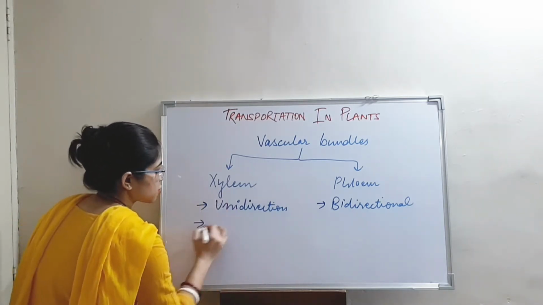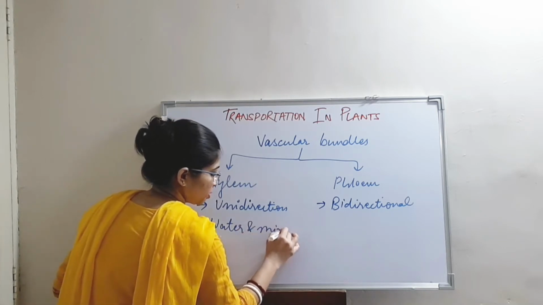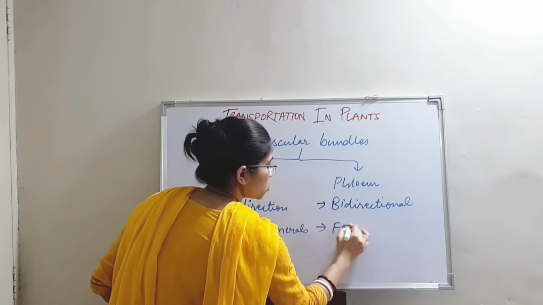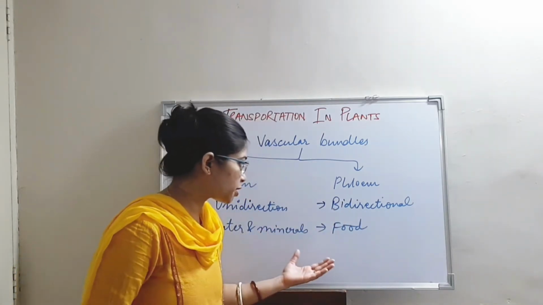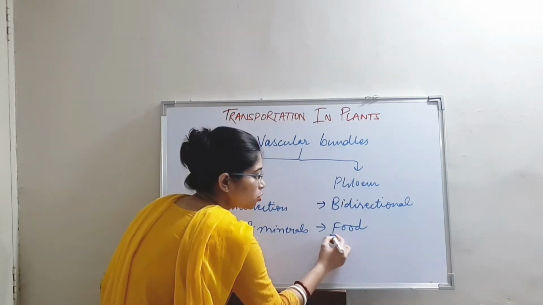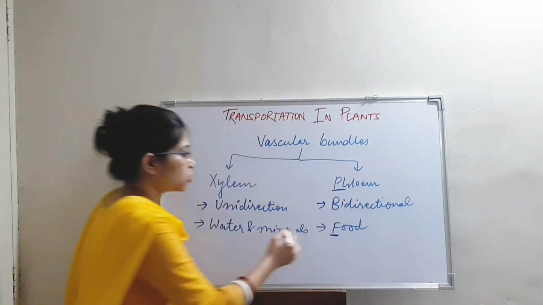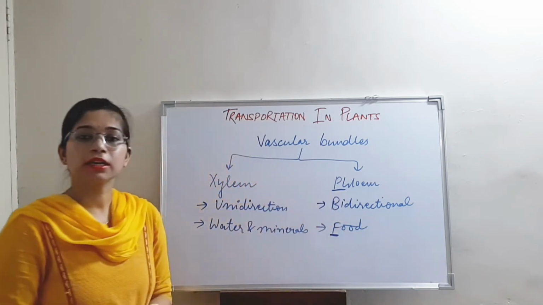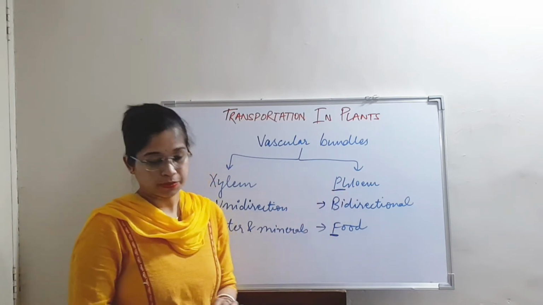Xylem helps in the transportation of water and minerals, whereas phloem helps in the transportation of food particles. So here again a short trick is there. F for food, F for phloem. This pronunciation trick will be helpful for learning the type of particles transported by the phloem.